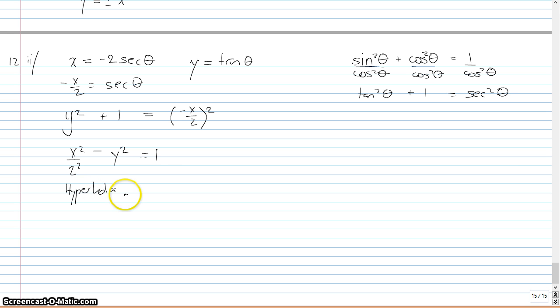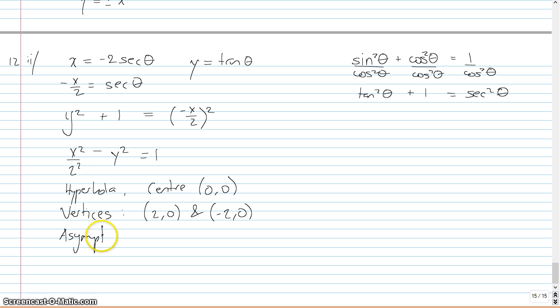Again, the center is 0, 0. This time, however, it is a horizontal orientation because of the x squared minus y squared. We've also got a 2 down here, which means its vertices are going to be 2 units from the center. So the vertices are 2, 0, and negative 2, 0. What about the asymptotes? Again, we'd solve x squared over 2 squared minus y squared equals 0. We get y is equal to plus or minus 1 over 2 x.